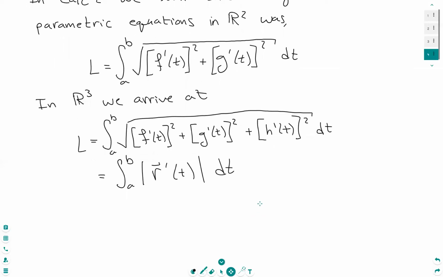So actually in Rn, some arbitrary number of dimensions, this is how we write the arc length. If we have a parametric equation that's given by r of t, then the arc length is simply the integral over the magnitude of r prime of t. Pretty neat.